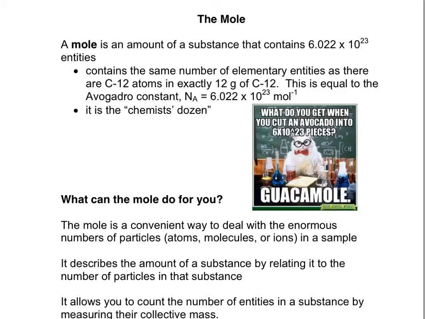If you had a mole of pennies and divided it up amongst Earth's population, each person would have about 1 times 10 to the 14 pennies. If each person spent this at $1 million a day, it would take 3,000 years to use up each person's wealth.